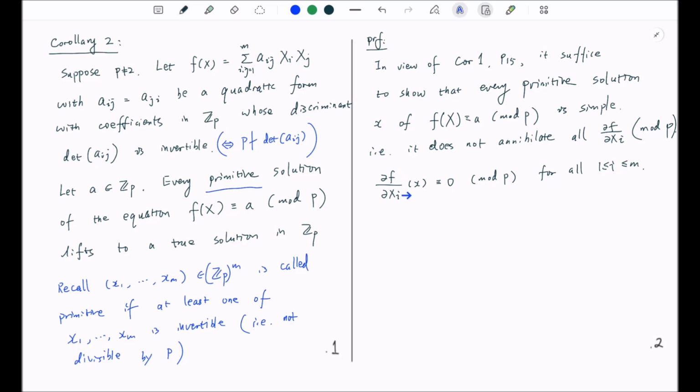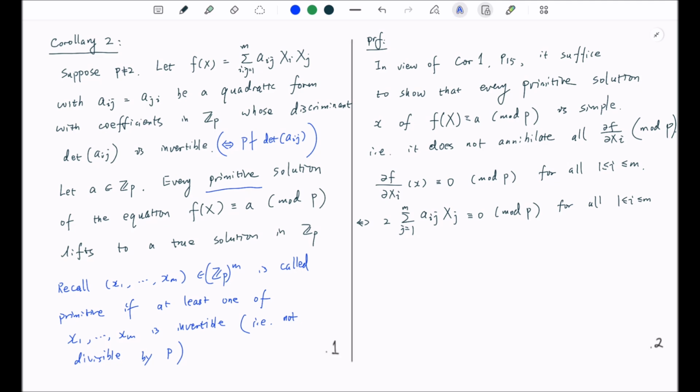Now, what is the partial derivative of f by xi? It is easy to check that this partial derivative is 2 times the sum of aij's times xj for j equal to 1 to m, congruent to 0 modulo p, for all i from 1 to m.